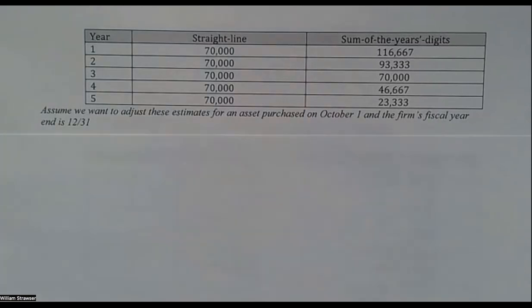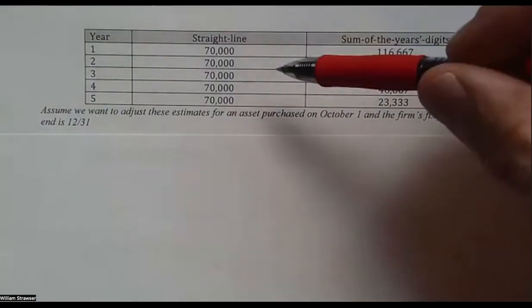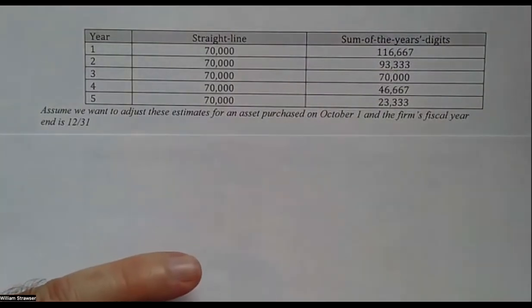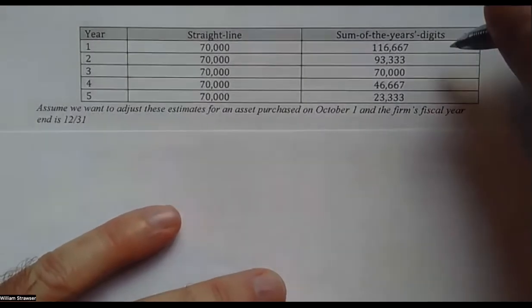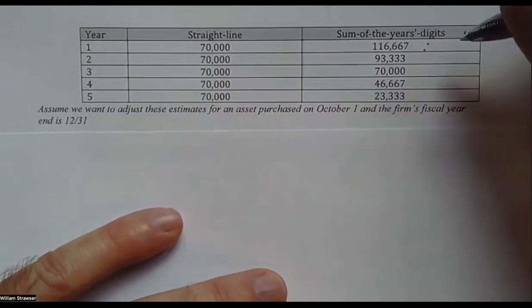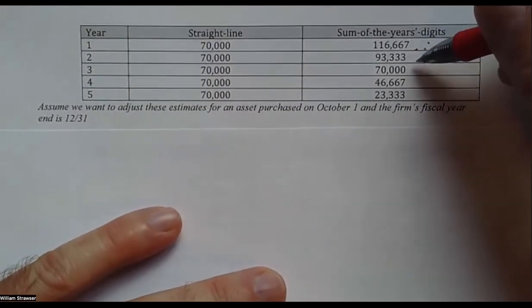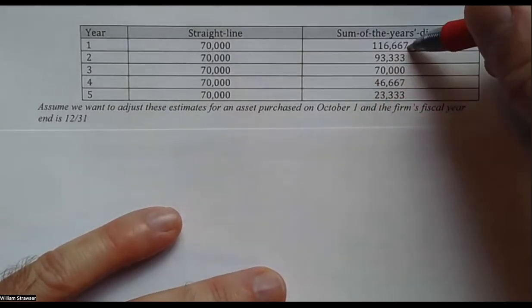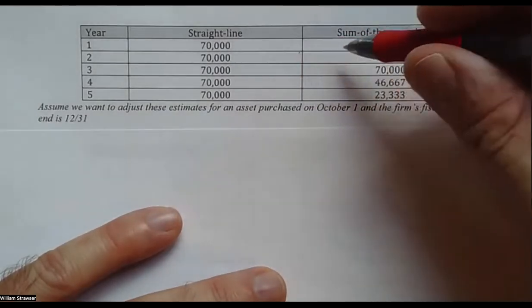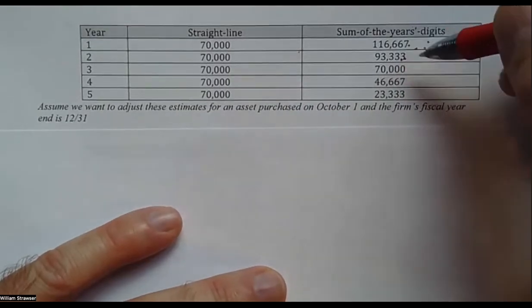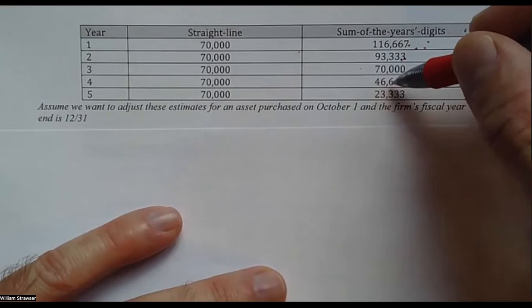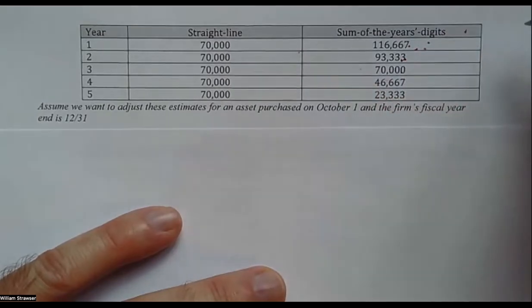So obviously with straight line, we get the same depreciation expense year after year. The sum of the year's digits is accelerated in the first year, so it recognizes much more than straight line, but not as much as the first year. It equals straight line, and then it starts dipping below.